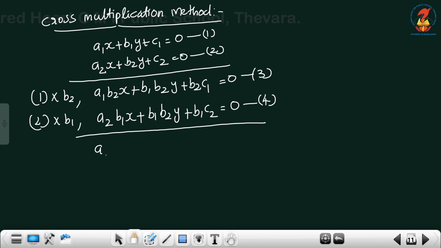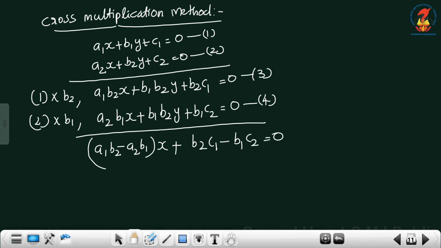Subtract it: a1 b2x minus a2 b1x, that is, minus a2 b1 into x, plus b1 b2y and b1 b2y, both have the same coefficient, subtracted, that means 0. Next b2 c1 minus b1 c2 equal to 0.